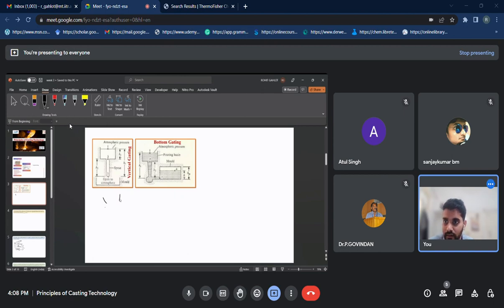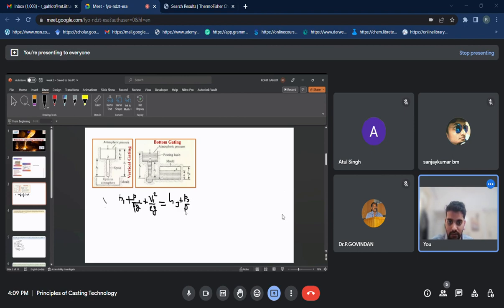Now if we apply the Bernoulli equation between point 1 and point 3, simply for deriving the formula of the top gating, we can write it as h1 plus p1 by rho g plus v1 square by 2g. I'm assuming that there are no frictional losses.